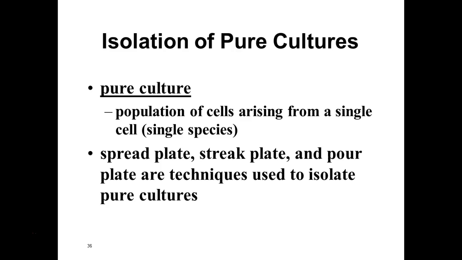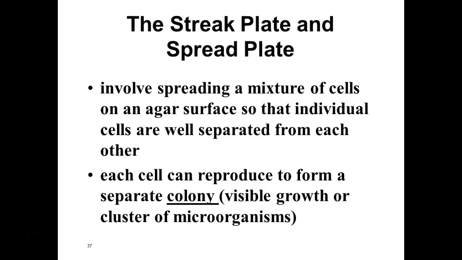This grouping of cells is so large that you can see it with the naked eye. It's only pure if it was started by a single cell or cells of the same species, which is not always easy to get apart from each other. Sometimes we have to do these techniques more than once.